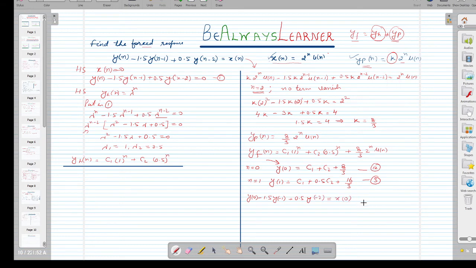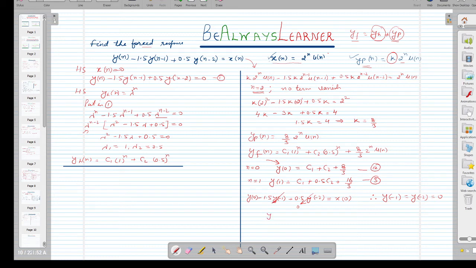So because हम फोर्स रिस्पॉन्स निकाल रहे हैं तो हमारे पास जो इनिशियल कंडीशंस हैं वो 0 हैं. सो दीज टू वैल्यूज आर रिप्रेजेंटिंग द इनिशियल कंडीशन, तो ये 0 है हमारे पास. सो दिस इज 0 and this is 0.